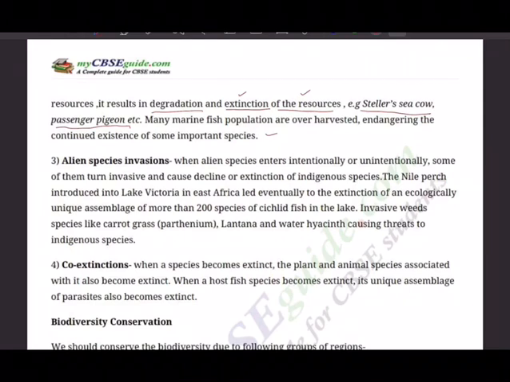And the third one, alien species invasions. When alien species enter, intentionally or unintentionally, some of them turn invasive, like Congress grass and Parthenium, and cause decline or extinction of local, indigenous species.